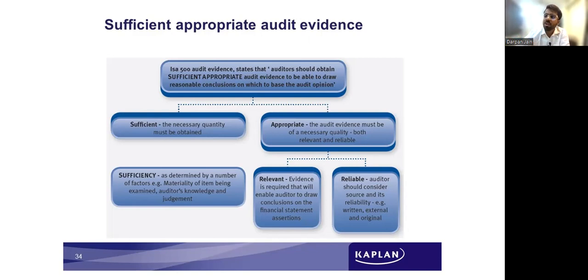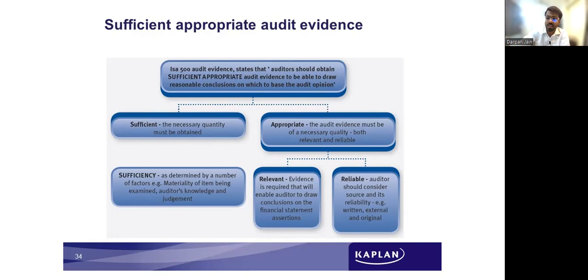For example, for checking whether the sales amount has been correctly accounted or not, can you collect the evidence related to the debtors outstanding? Sales and debtors are related, because of sales only the debtors have come into existence.